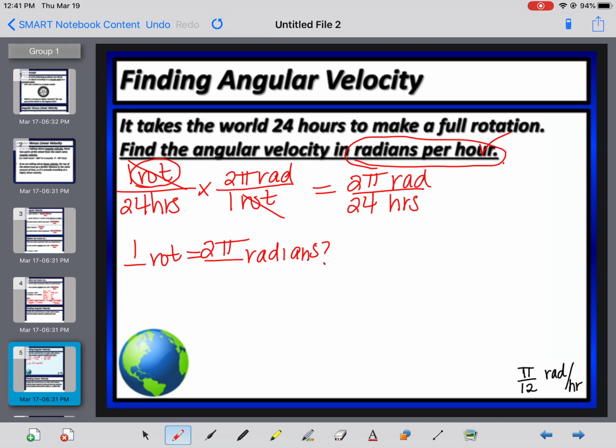So radians per hour is the measurement that I was intended to end with. Now I'm just going to reduce what I have here, and I have pi over 12 radians per hour. And that is my final answer. That's an angular velocity because I'm using an angle measurement of radians.